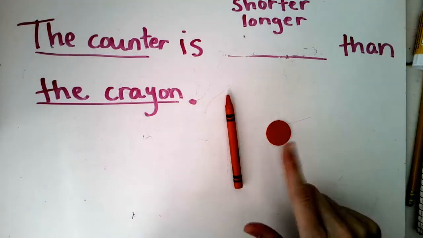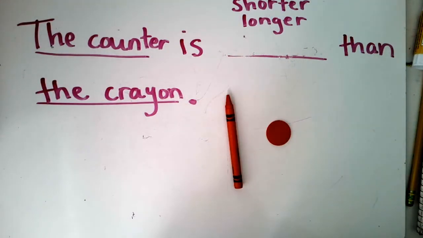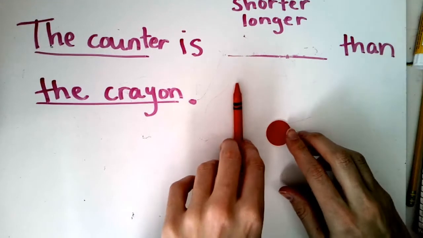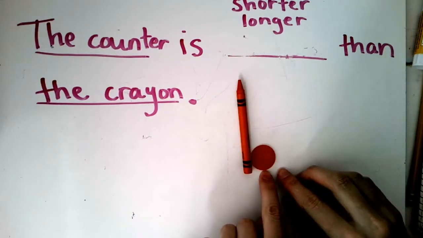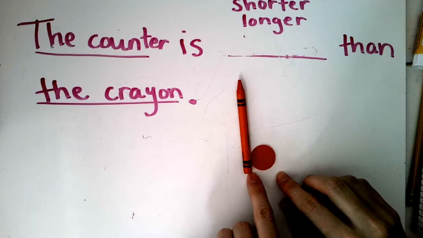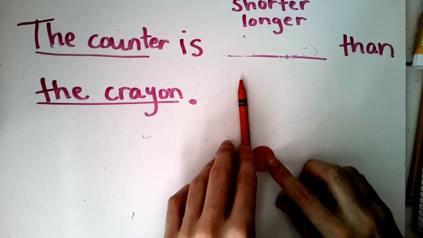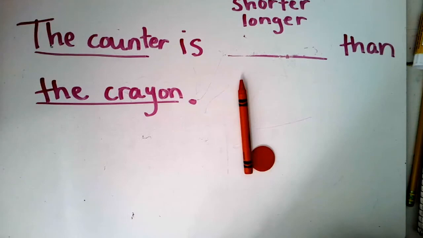Now, I could be looking with my eyeballs and just maybe tell right now, but a true mathematician is going to match up those endpoints just to be sure. So I want the bottom of the circle to match up with the bottom of my crayon. Okay? The bottom of that circle counter matches up with the bottom of the crayon.